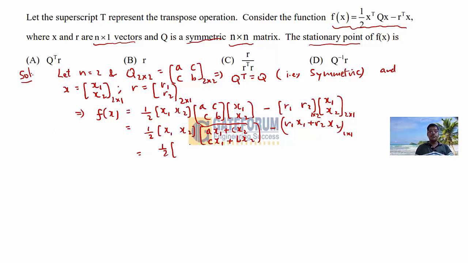So that means here AX1 square plus BX2 square plus 2C X1 X2 after multiplying, minus R1 X1 minus R2 X2 is not R square, R2.